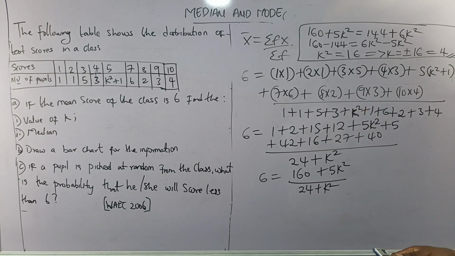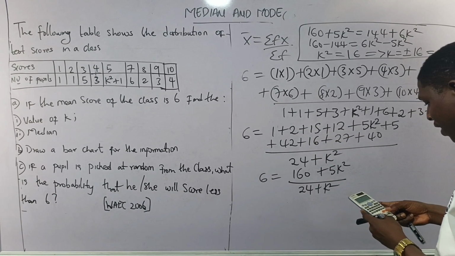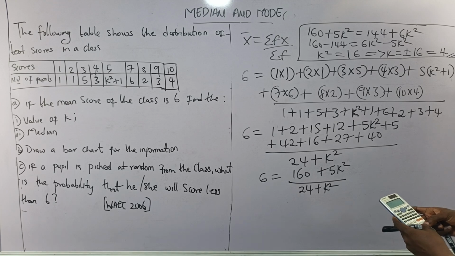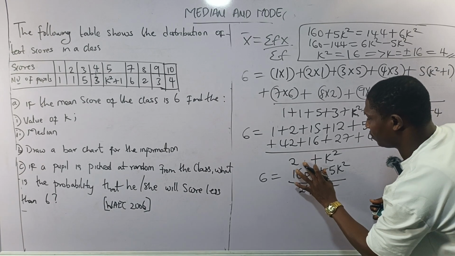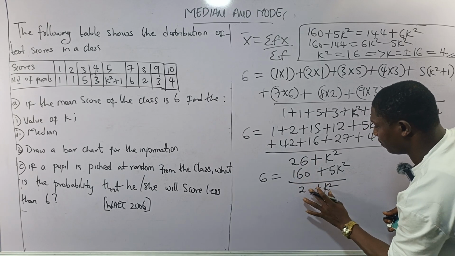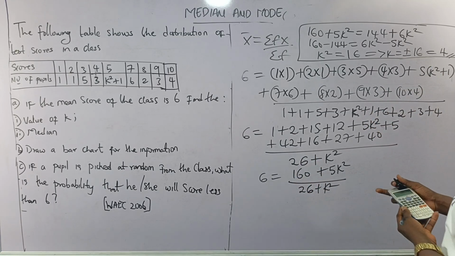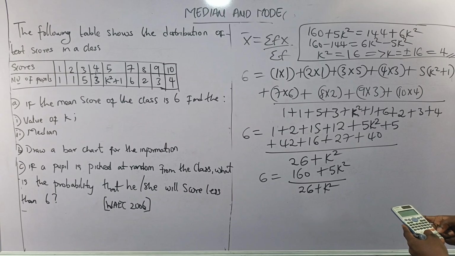So let's try to review what we've done. For the bottom, we have 1 plus 1 plus 5 plus 3 plus 1 plus 6 plus 2 plus 3 plus 4. Ouch. So this is supposed to be 26. Let's check the top again.